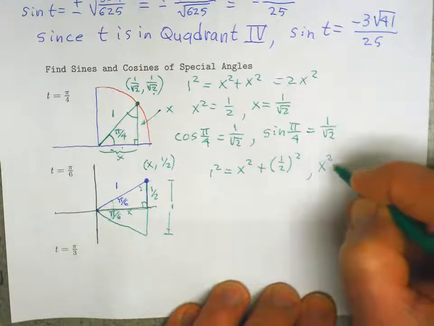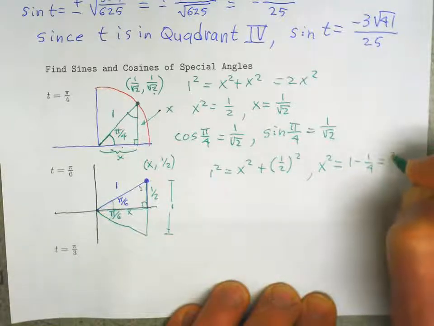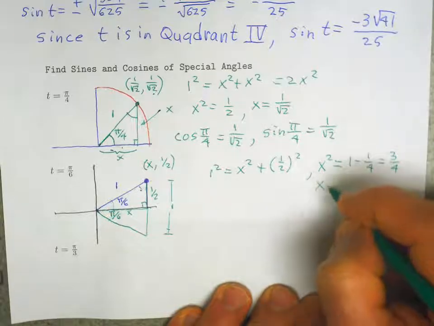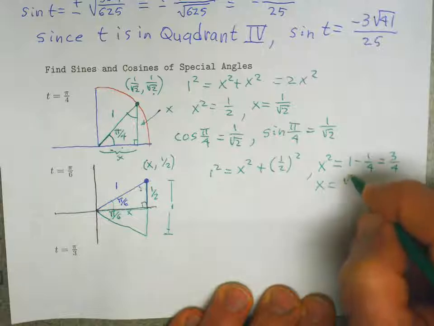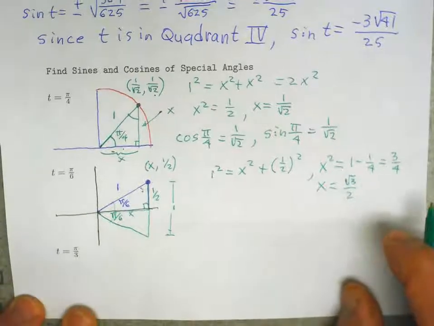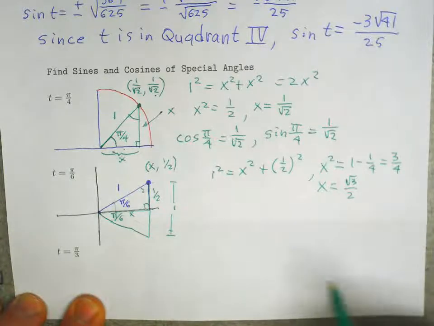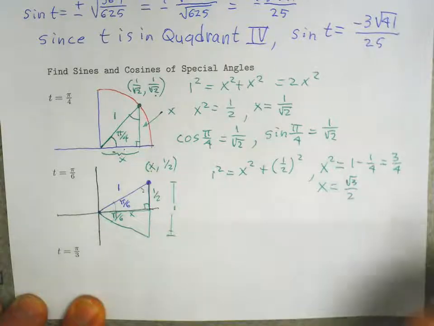And so x squared is equal to 1 minus 1/4, which is 3/4. And so x will be, in this case, the positive square root of 3/4, or the square root of 3 over 2. So the x-coordinate is the square root of 3 over 2.